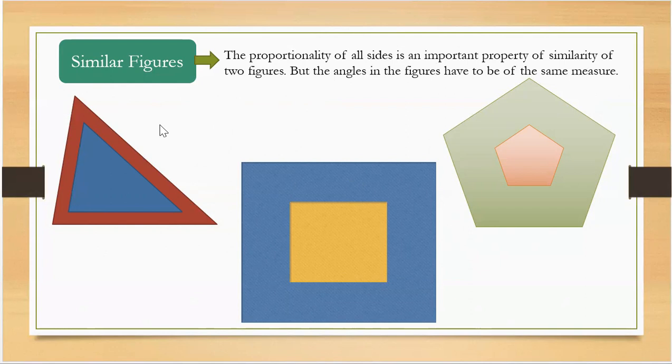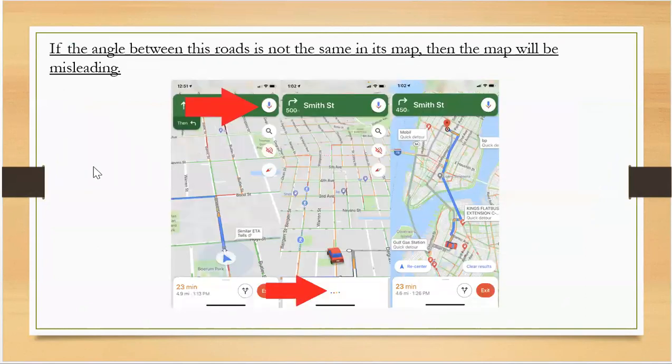Now where is this similar figure concept used? It is used in maps. If you have to make a map of a very big area, say Mumbai, Mumbai is very big, and if a foreigner wants to explore Mumbai, he has to have a map. In the map, the length of the road is not shown very big. Is the actual length of the road shown on the map?